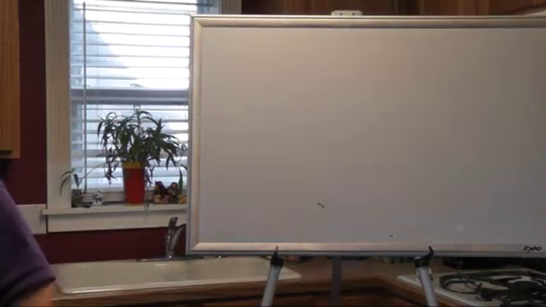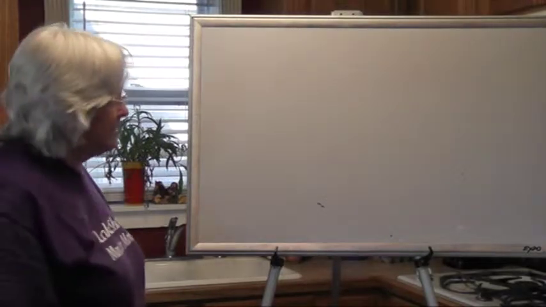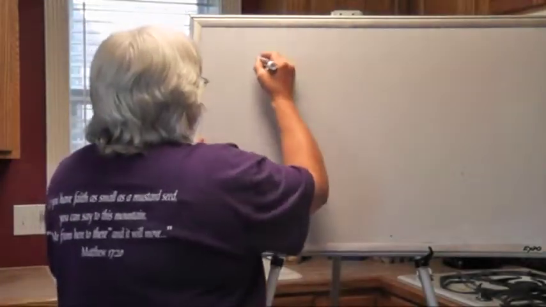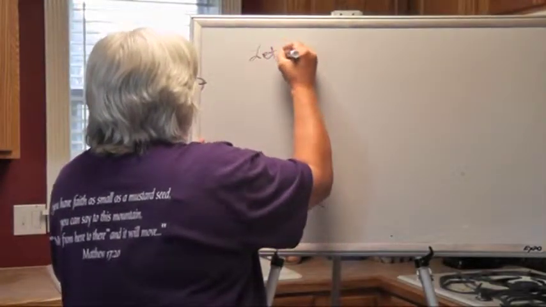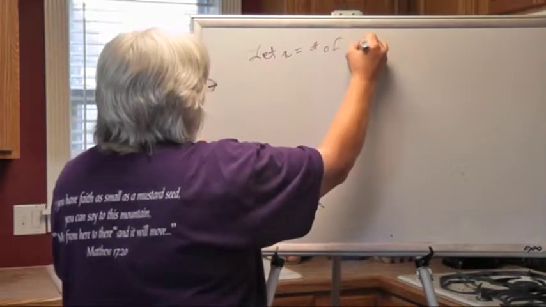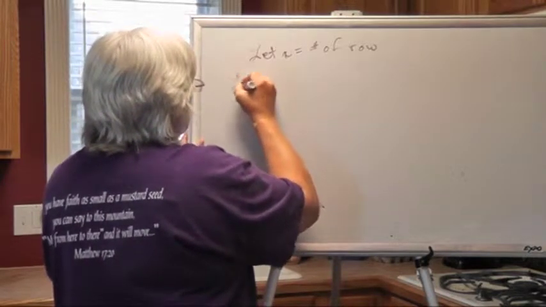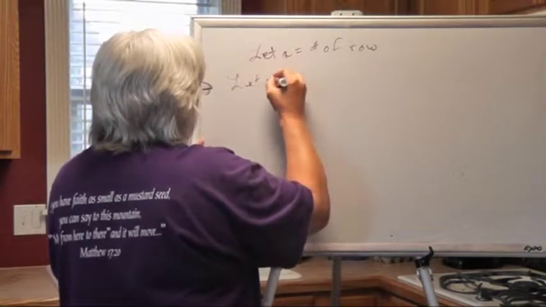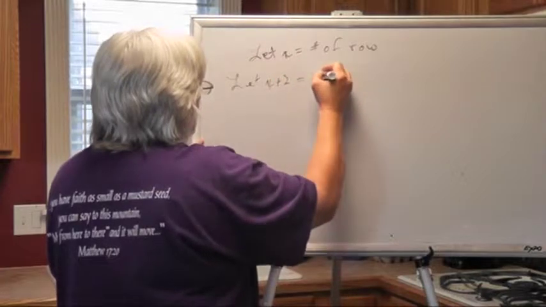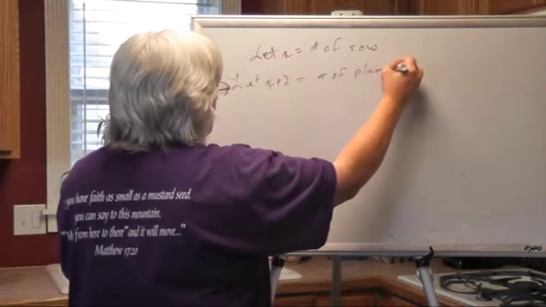We have 2 more plants in a row than the number of rows. So let x equal the number of rows, and since it was 2 more plants, let x plus 2 equal the number of plants per row.